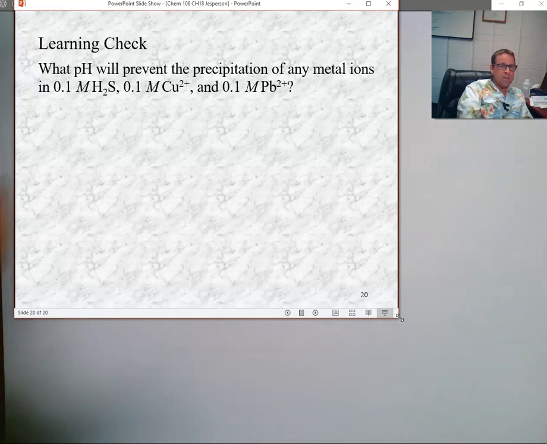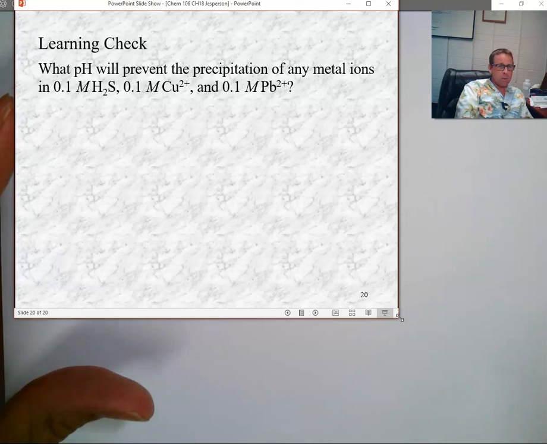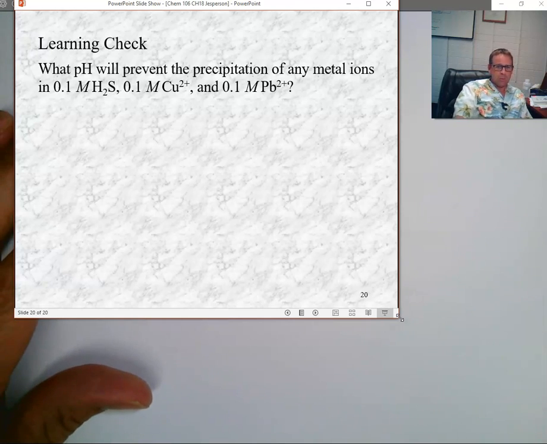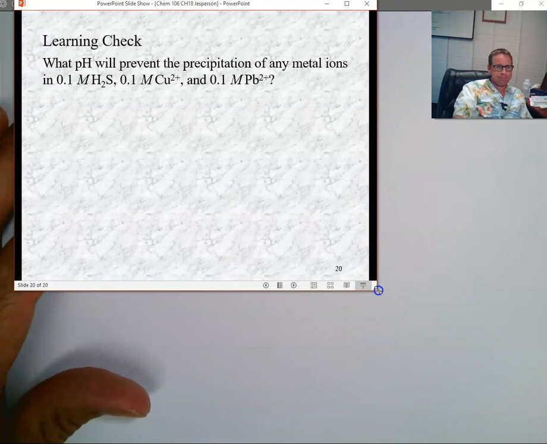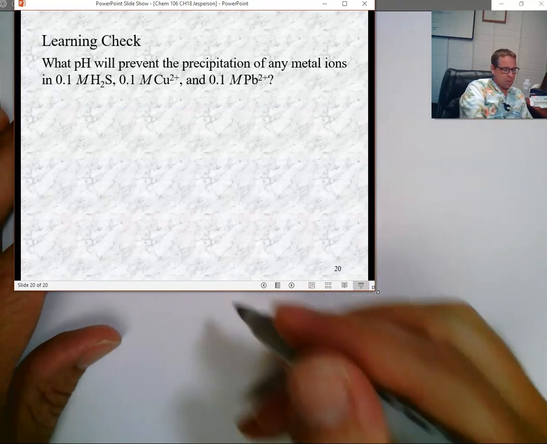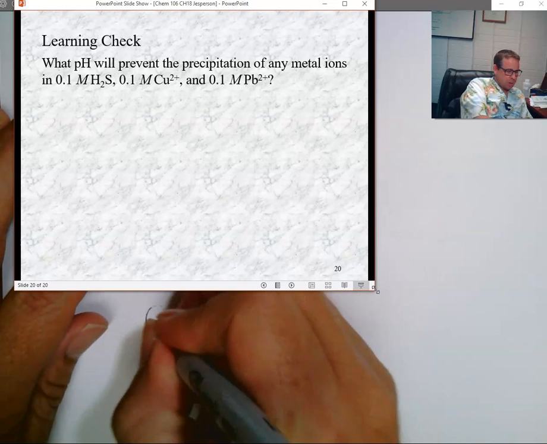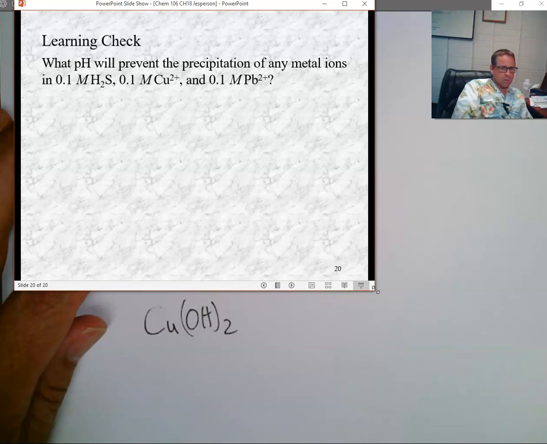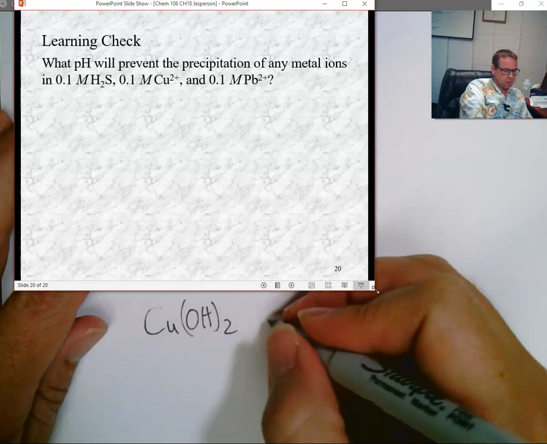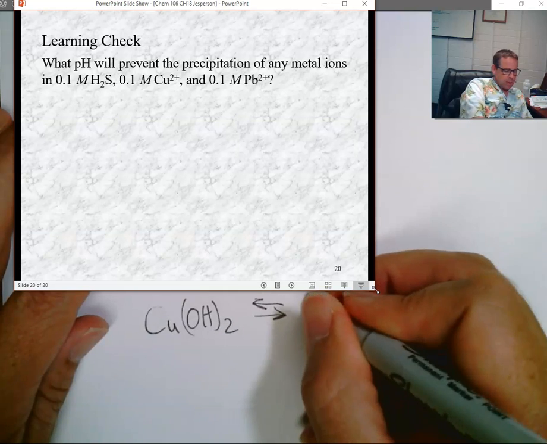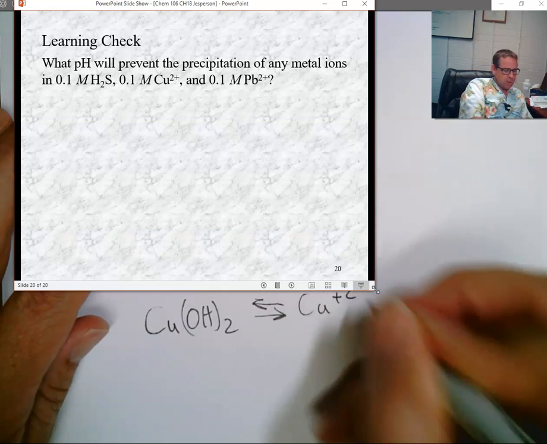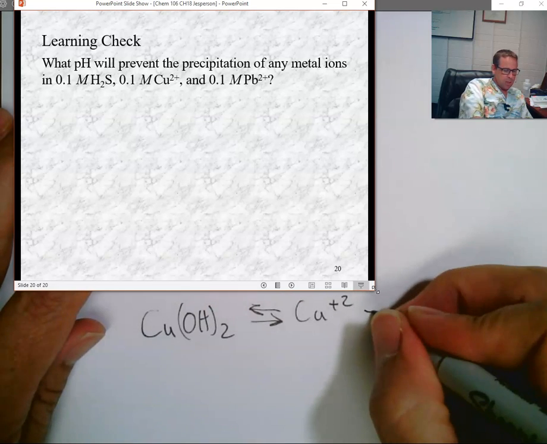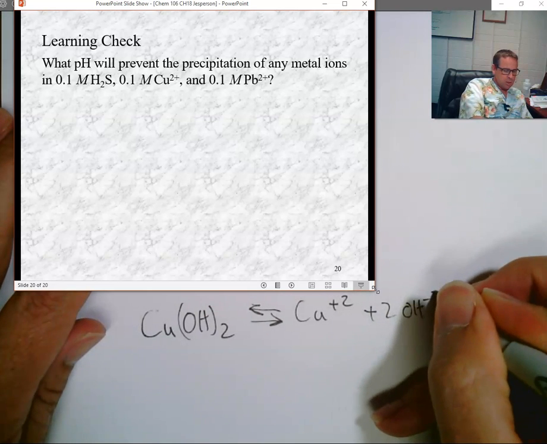Well, what is it about the pH that would precipitate out copper or lead? Do you remember from that other slide? Oh, was it the hydroxide? That's right. So we're looking at precipitating out copper 2, so it's going to be CuOH with 2 there. And its equilibrium, its dissociation, would be a copper ion and 2 hydroxide ions.